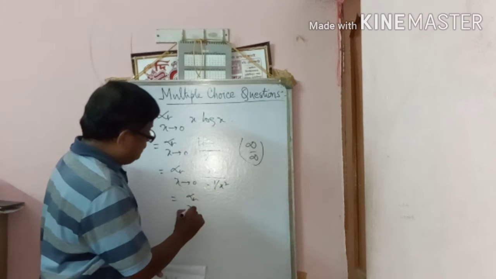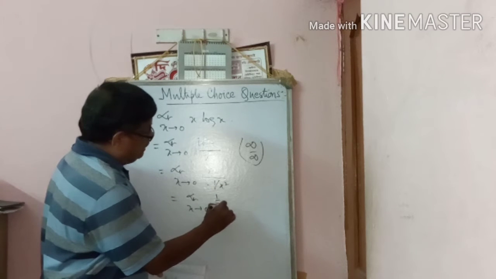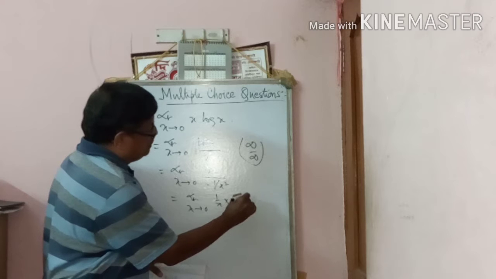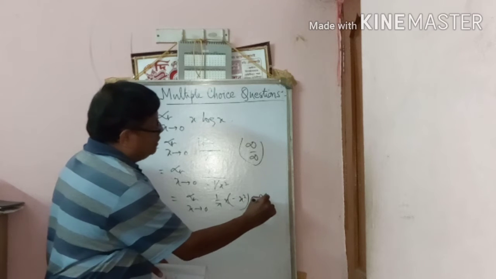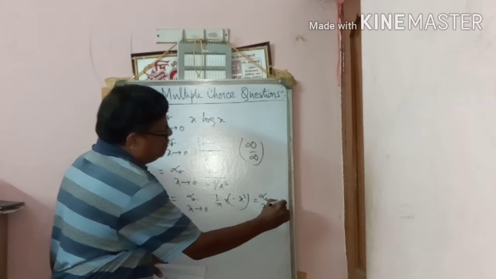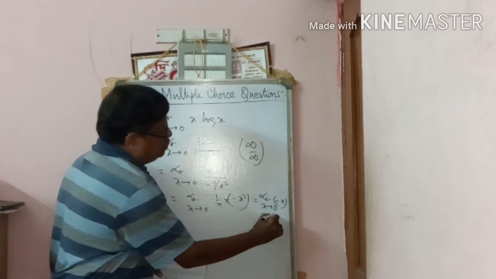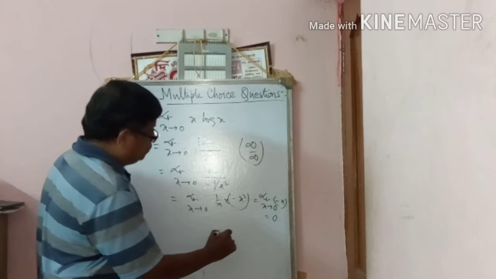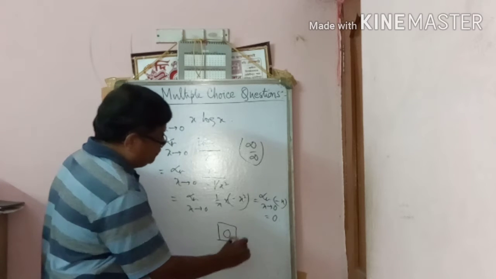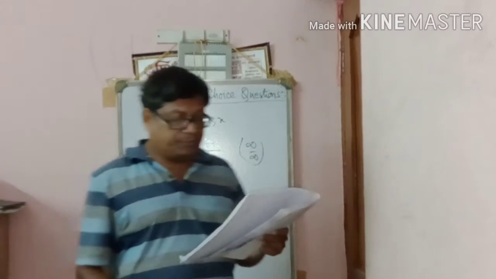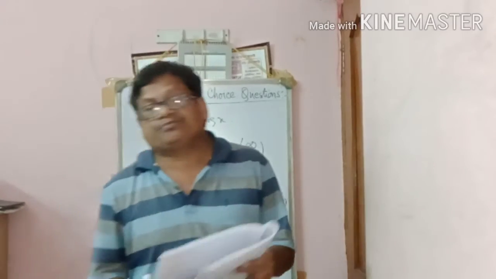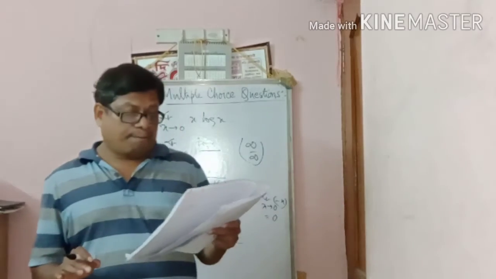So limit x tends to 0, 1 by x into minus x square, that is limit x tends to 0 of minus x, which equals 0. So the answer is option B.